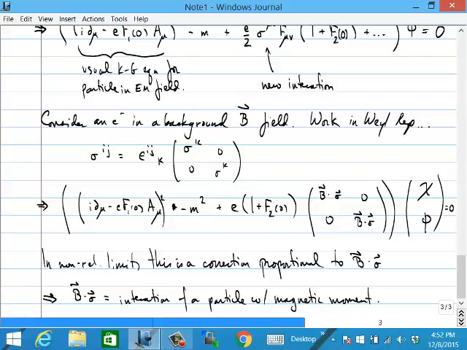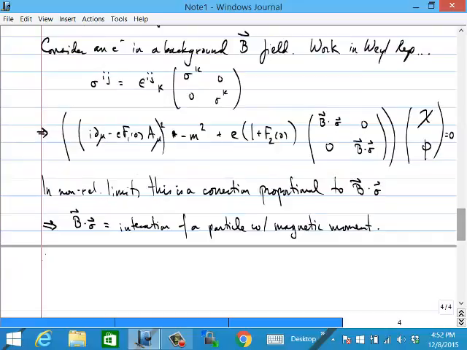But if the particle has a magnetic moment, that's like a little vector attached to the particle, and then the interaction Hamiltonian is B dotted into the magnetic moment. Okay. So what is this saying? This is saying that in quantum electrodynamics, electrons have an intrinsic magnetic moment.